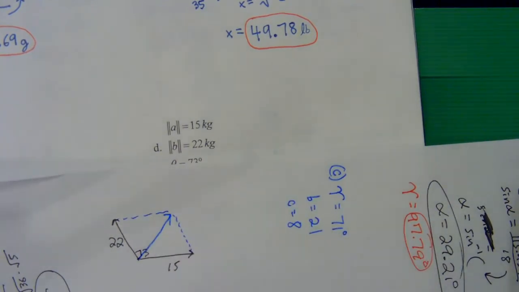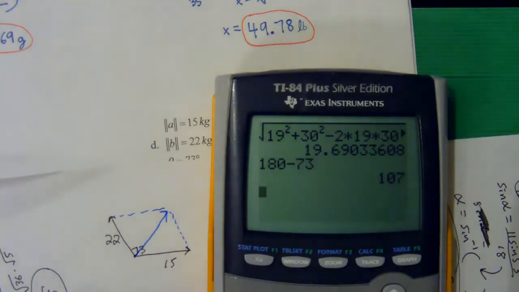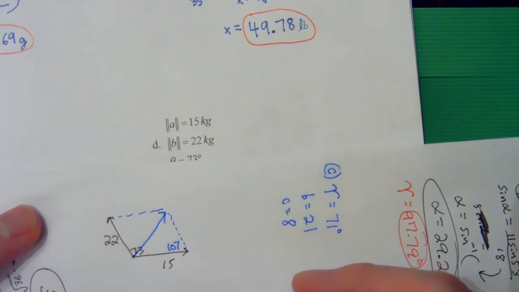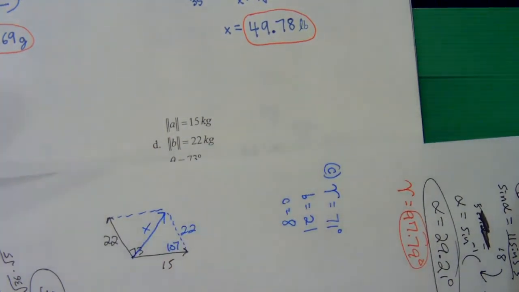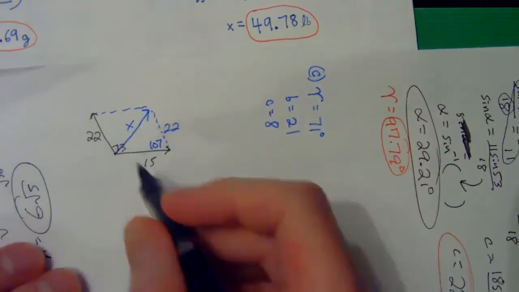So I go 180 minus 73, which gives us 107 degrees for that supplementary angle. If that side is 22, this one is also 22, and I'll call that X right there. Looking at that little triangle, I'm going to use the law of cosines again.